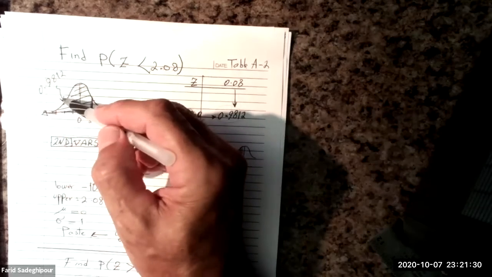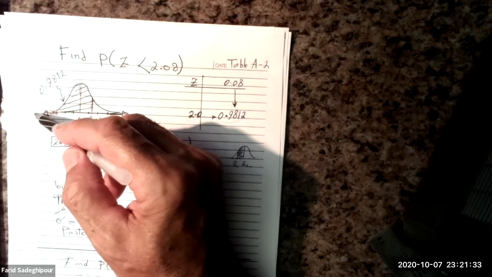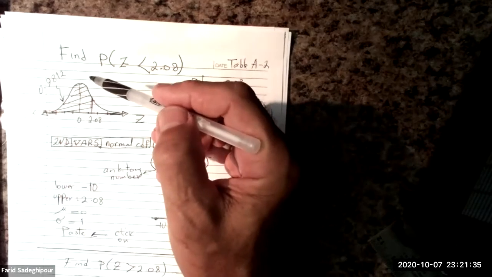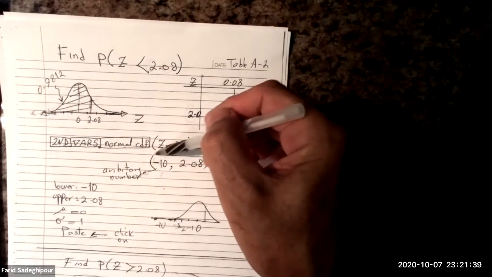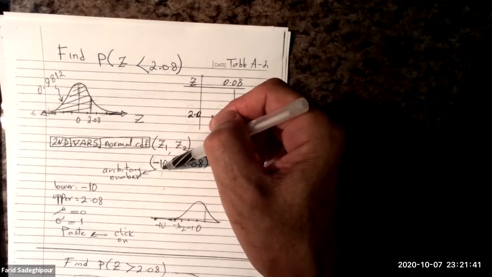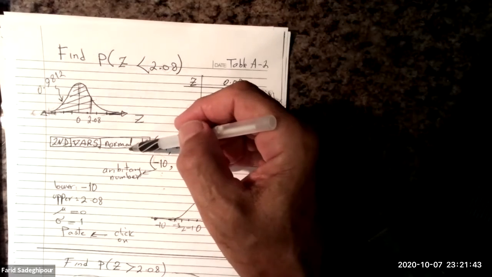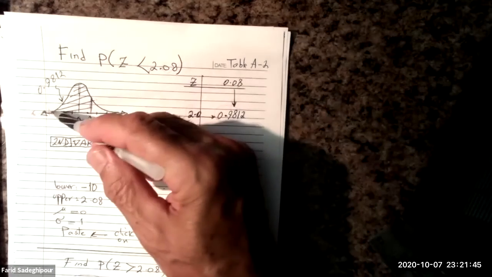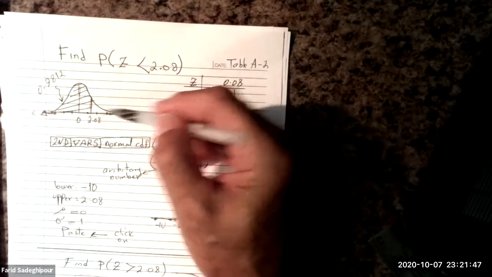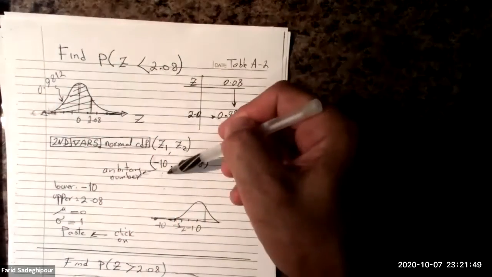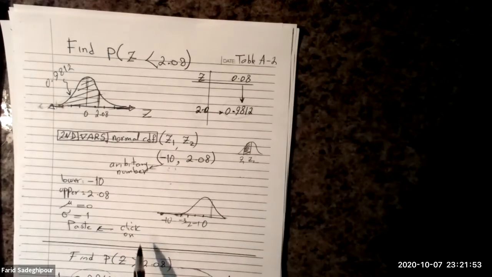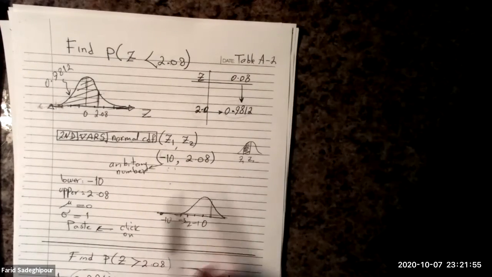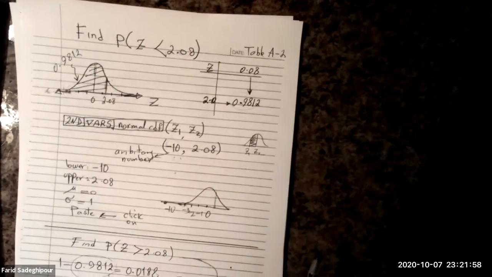In that case, the graph would touch at that point. So this number is an arbitrary number you could always use for the problem. Again, because normal CDF requires both ends, you have one end, and for the other end you could just put -10. And that gives you the answer. When you do it this way, it gives you 0.9812.